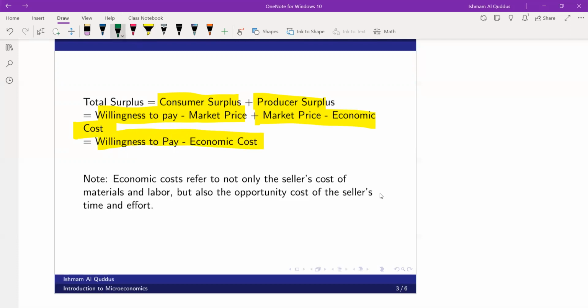Note that this economic cost refers not only to the seller's cost of materials and labor, but also takes into account the opportunity cost of the seller's time and effort. So remember that economic cost is basically the willingness to sell, because it is the minimum price level at which the supplier would sell the product.